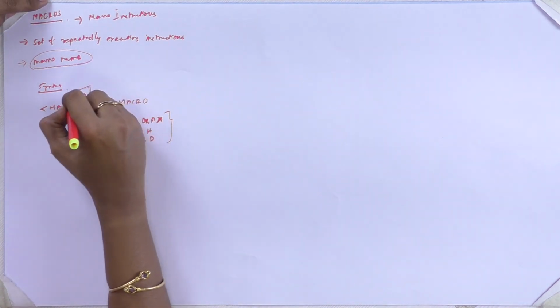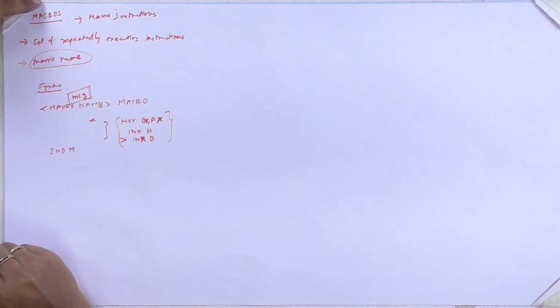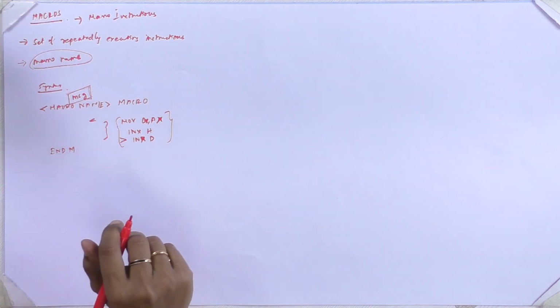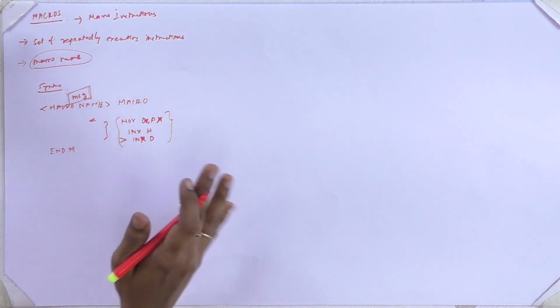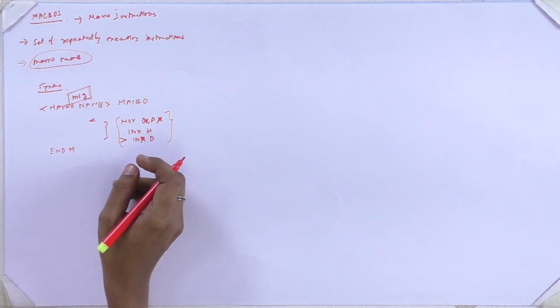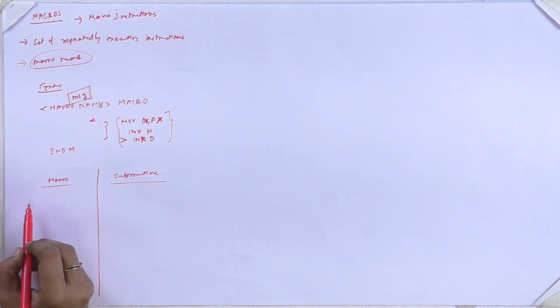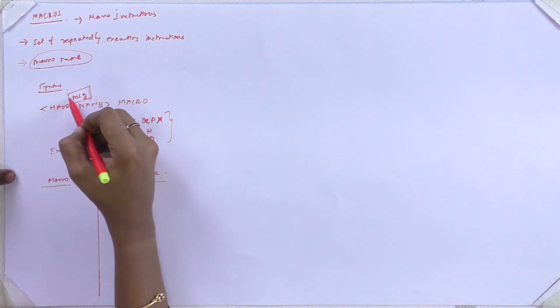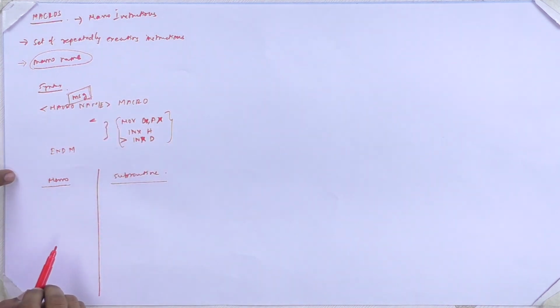Macros can be compared to a subroutine program or a function call in a procedural language, but there are certain differences. A macro inserts the complete set of instructions wherever the macro name is encountered.